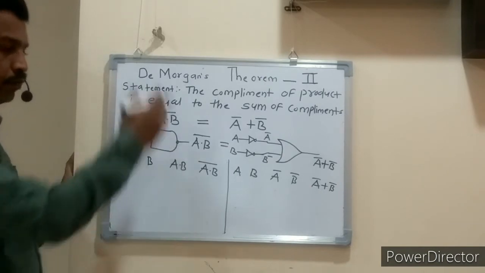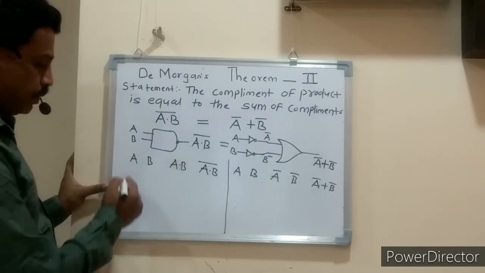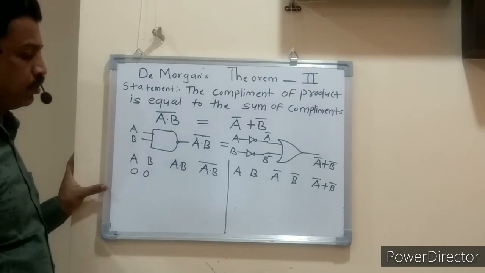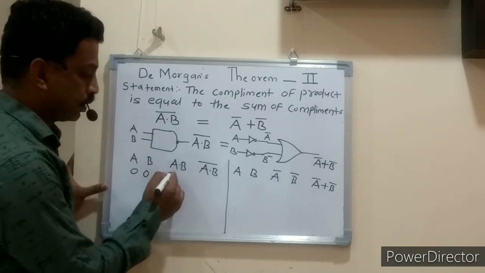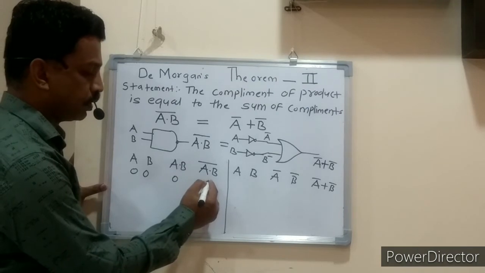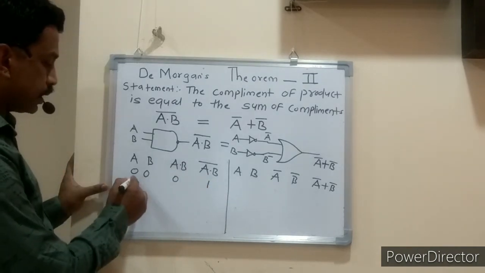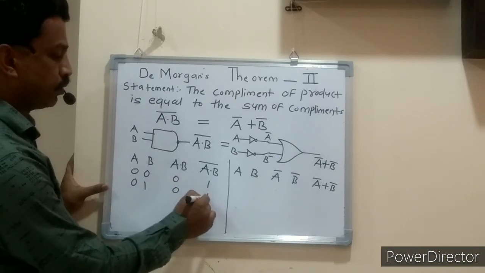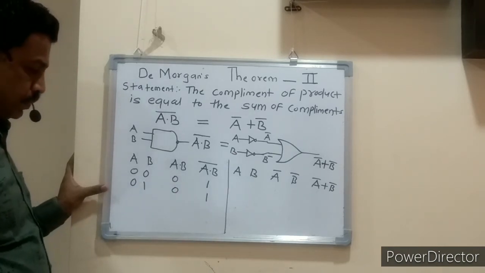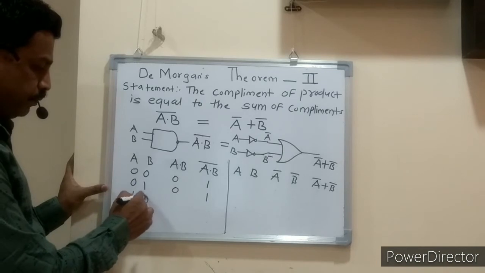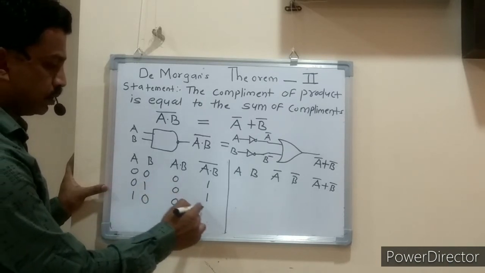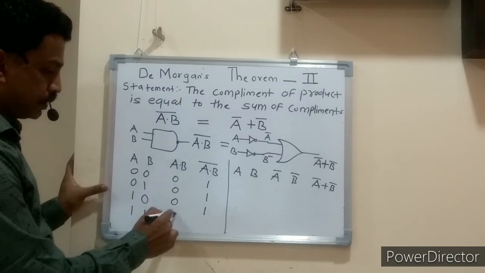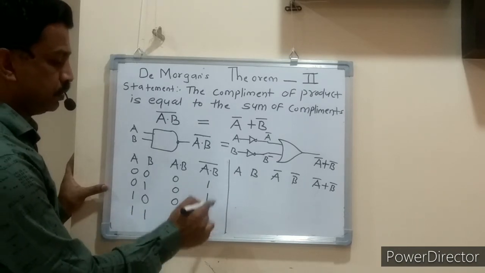Now we verify it one by one with the truth table. First is 0 0: a is 0, b is 0, so their product is 0, and the complement of the product is 1. Next, 0 1: the product is 0, so its complement is 1. Next, 1 0: again the product is 0, its complement is 1. Then 1 1: the product is 1 and its complement is 0.